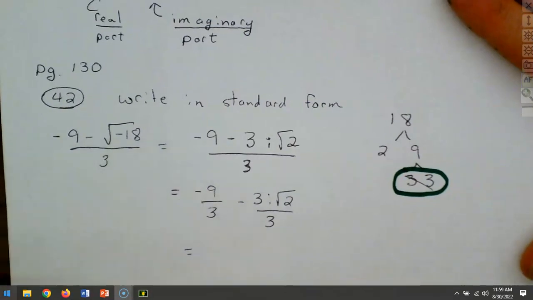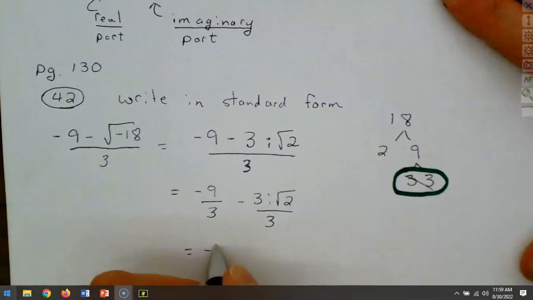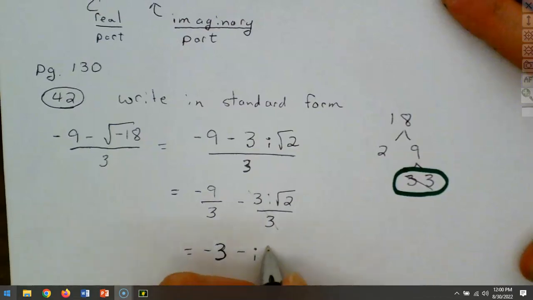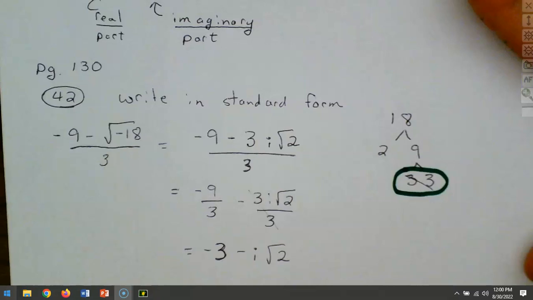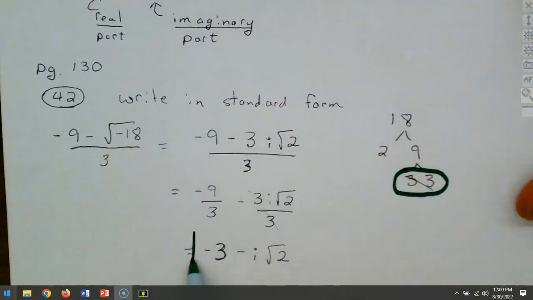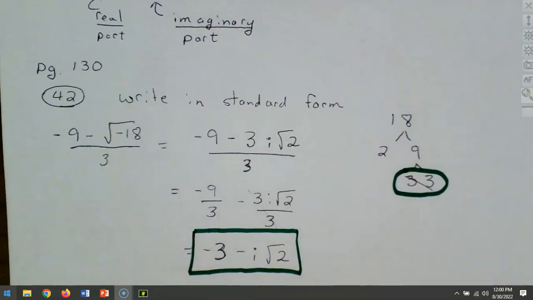And minus 9 divided by 3 comes out to be a minus 3. Those 3's can cancel, and that's going to be a minus I square root of 2. So we split these fractions out into 2 separate parts, and then we reduce them down individually.